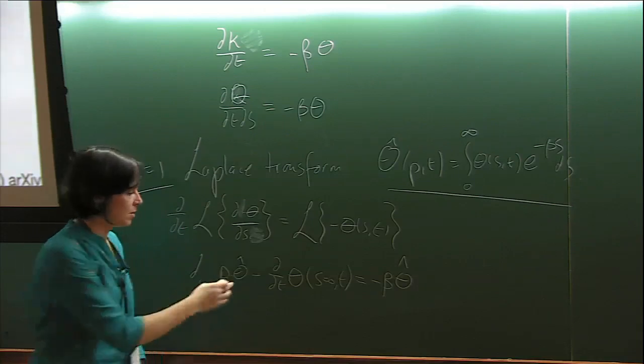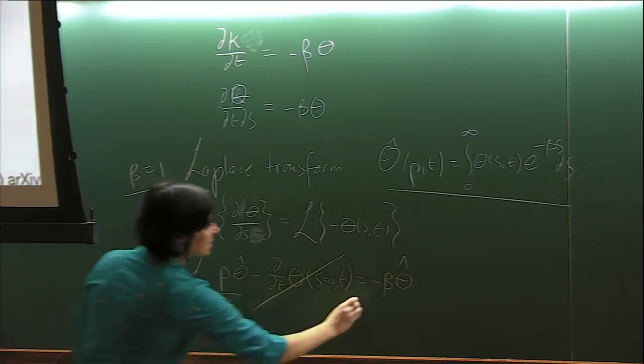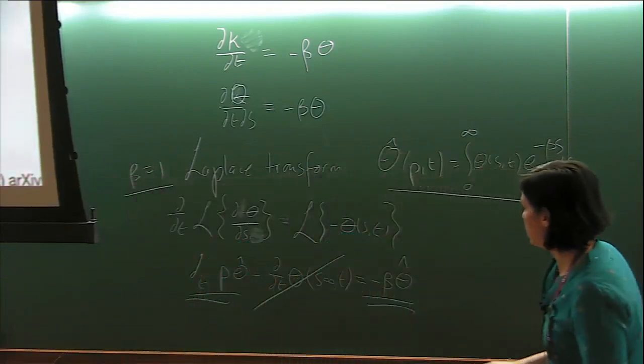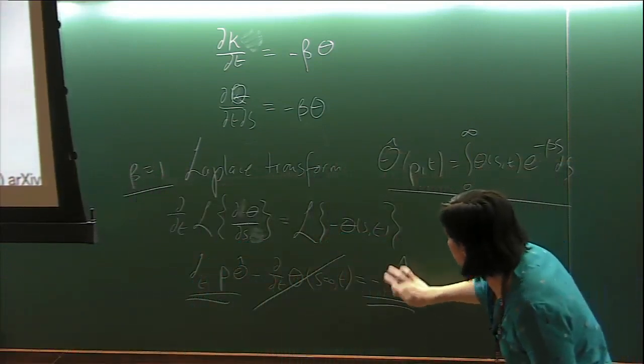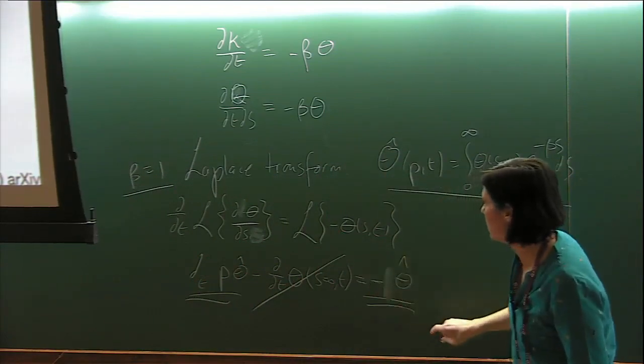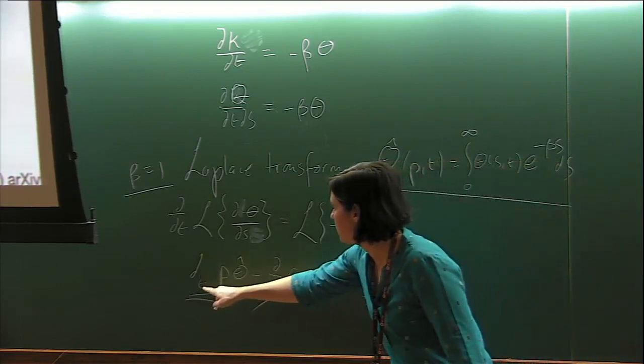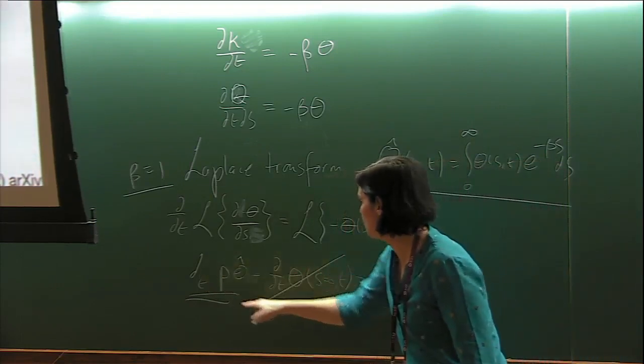It's clamped. So the derivative will be 0. So this drops, and I'm left with just this. Sorry, without the beta, because I linearized and normalized this.